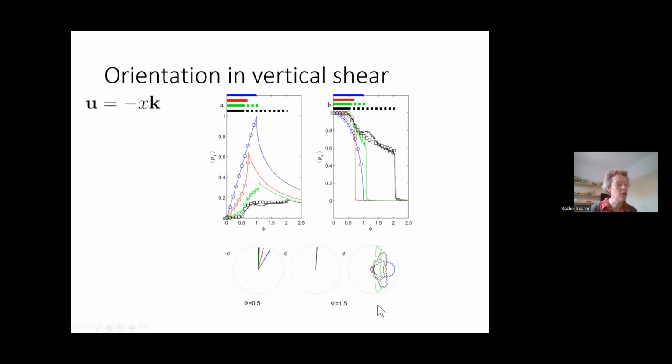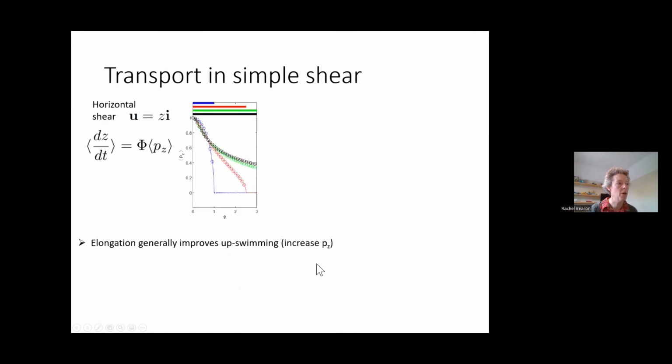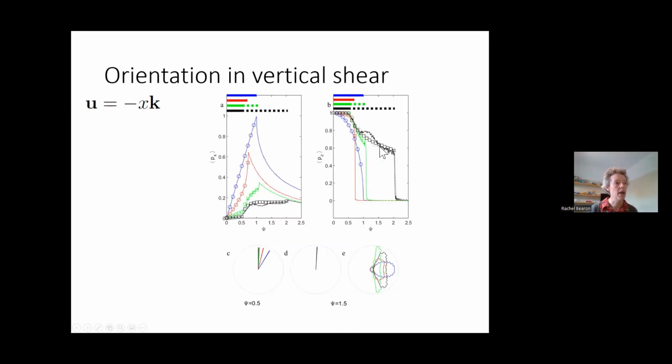Just to highlight this bottom figure at 1.5, this slightly confusing figure. What this is showing is cells which have attained an equilibrium are in plot D, and there's a large spike of cells swimming upwards in the black one. So a proportion of the cells at 1.5, which are long and elongated, are swimming upwards.